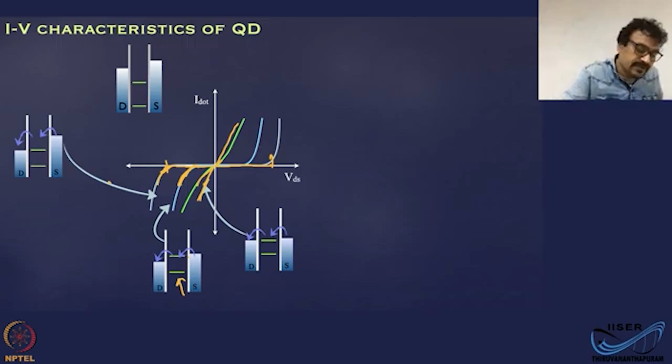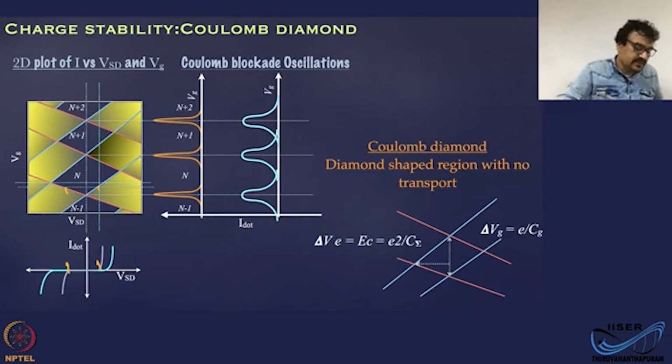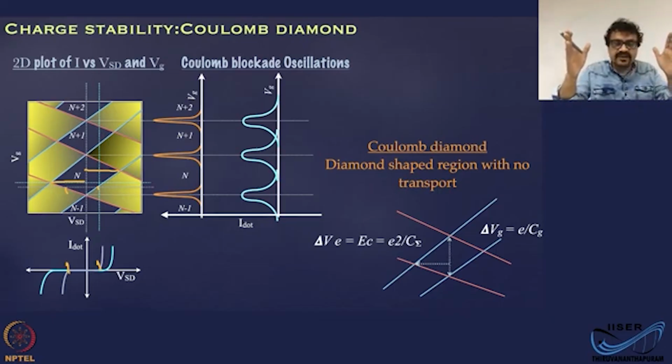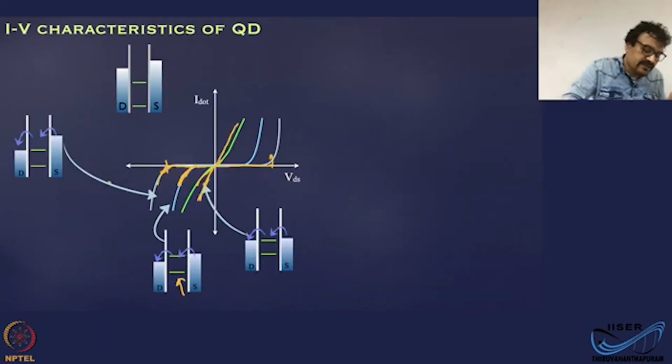Okay, so what you're seeing is, you have maximum blockade here and here. These are not really symmetric. In general, this diamond is not a symmetric diamond. Okay, so you start with the maximum blockade, and you can reduce the blockade region by applying gate voltage, just like what we saw here.